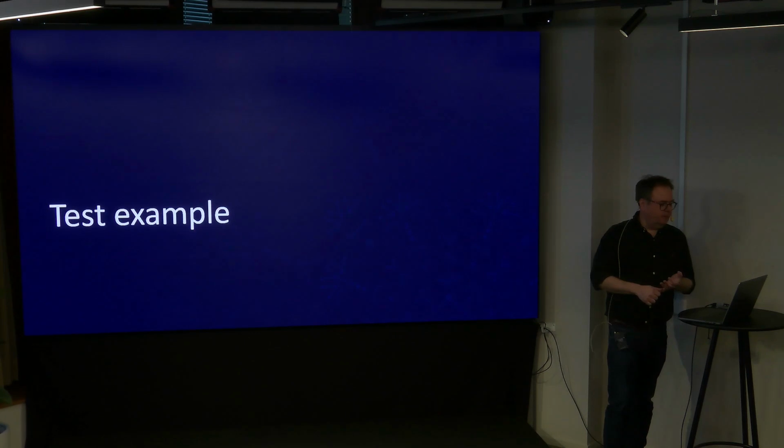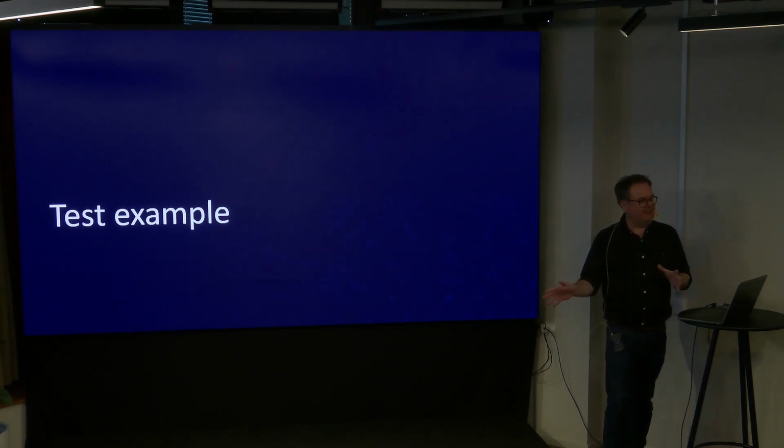So we will go through one of the test examples we have. It is a little bit difficult to test the complete NSO, since the services can vary a lot, and it's impossible to test everything.